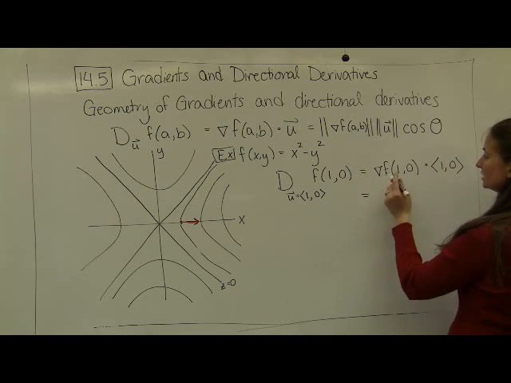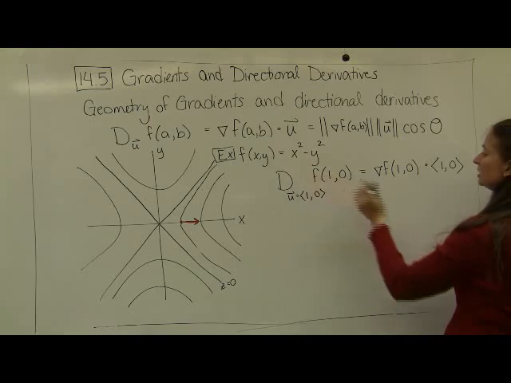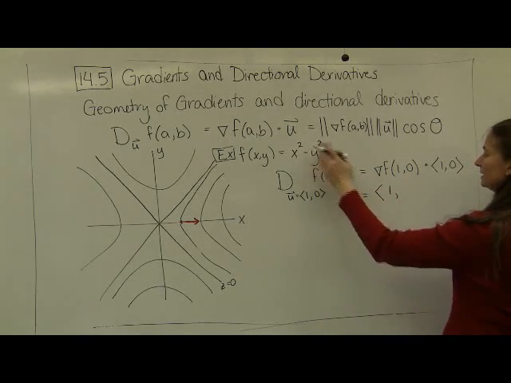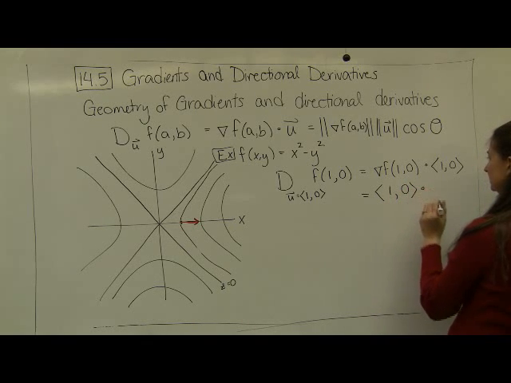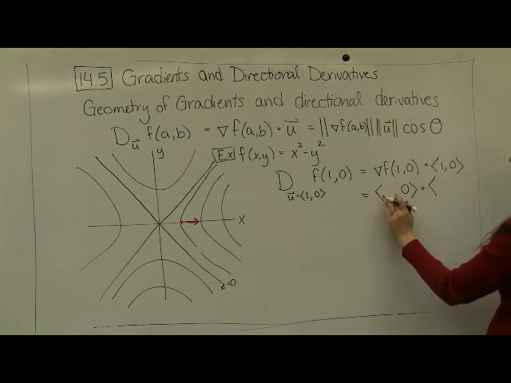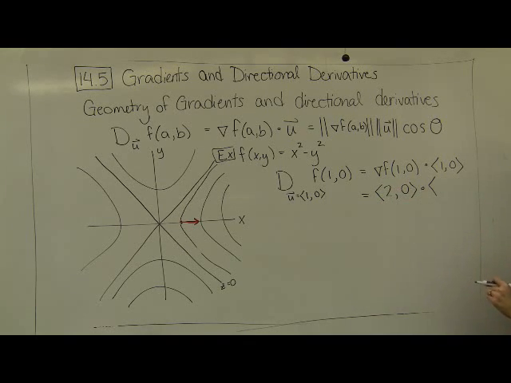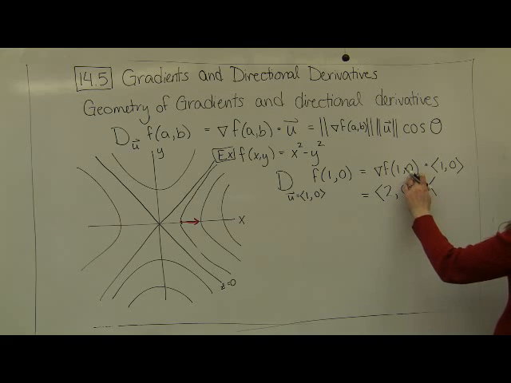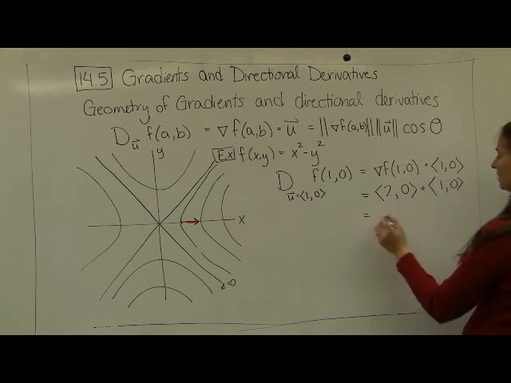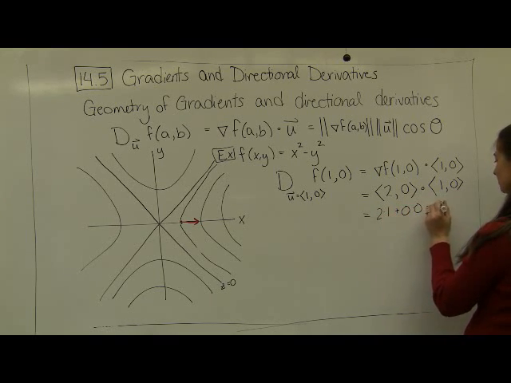The gradient of this function, as we said before, is just the vector (2x, minus 2y). 2 times x is 2, and 0 plugged in for y gives me 0, dotted with my vector (1, 0). 2 times 1 plus 0 times 0 gives me an output of 2.